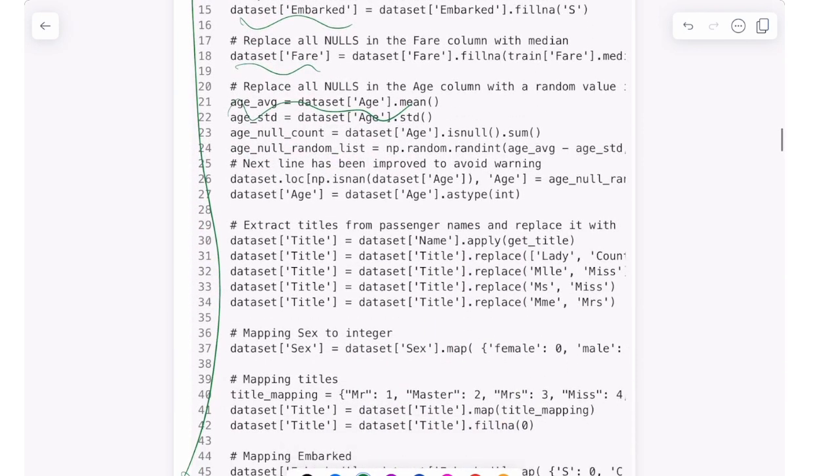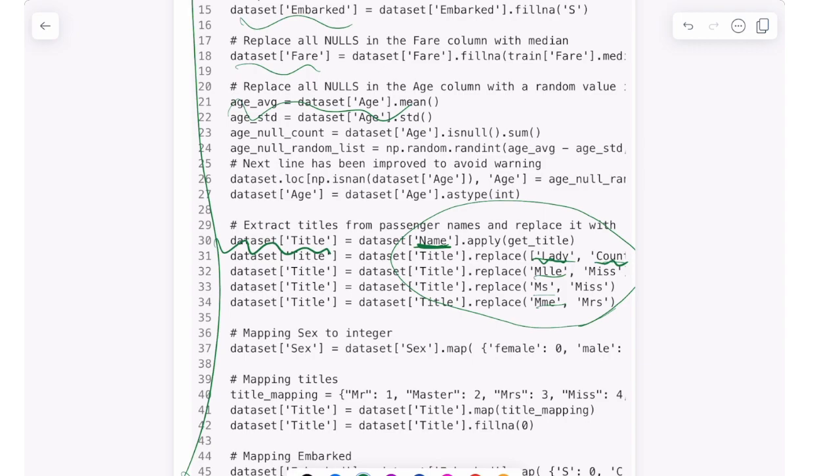Take this one for example, title. I create a new feature called title. It looks at the original name feature and checks whether there are some strings specifying that the passenger has a certain kind of title.